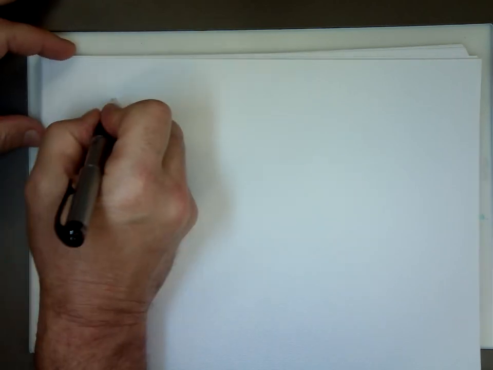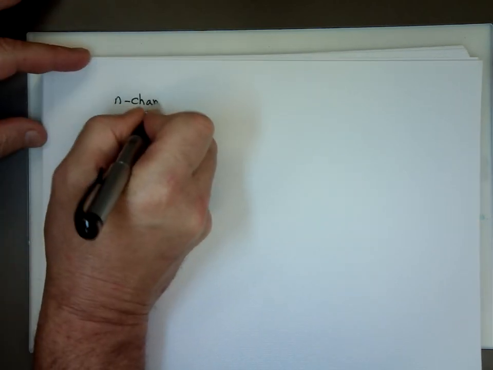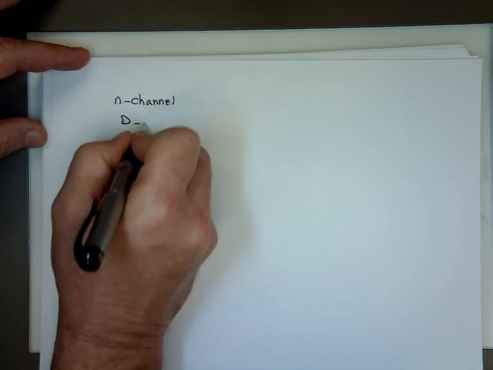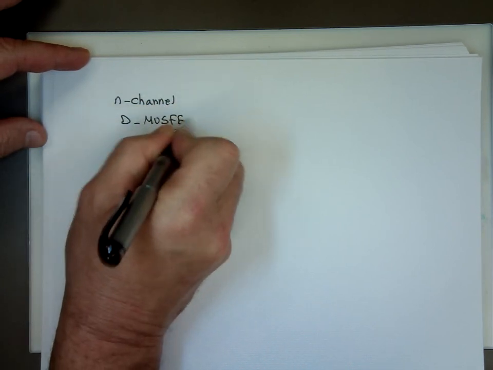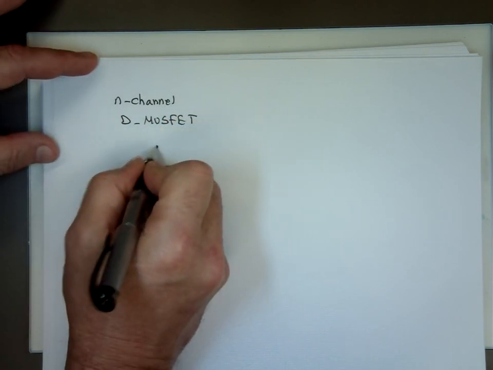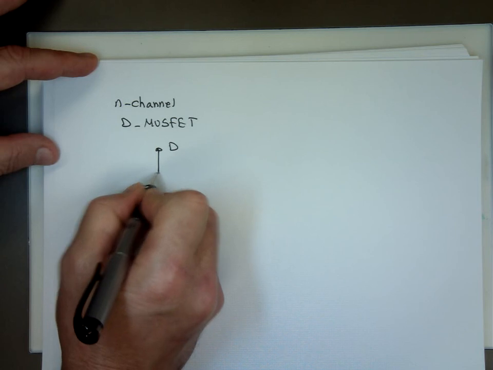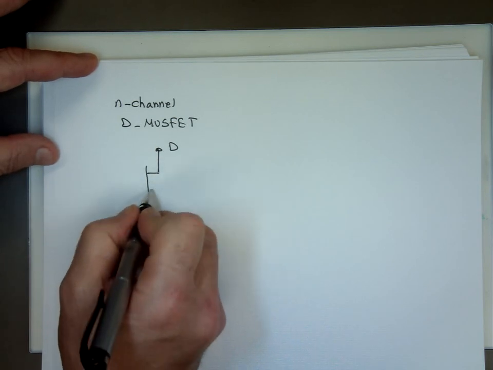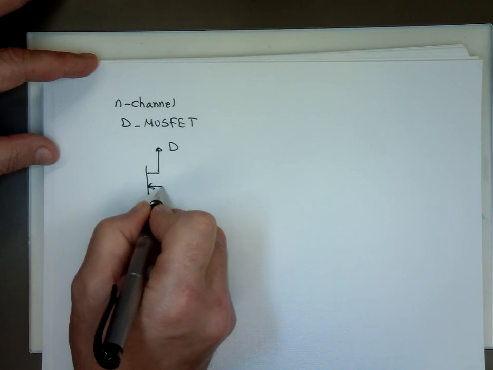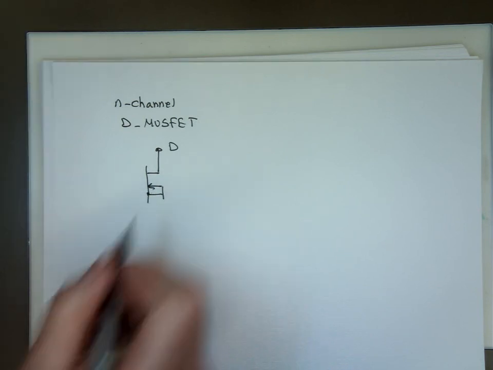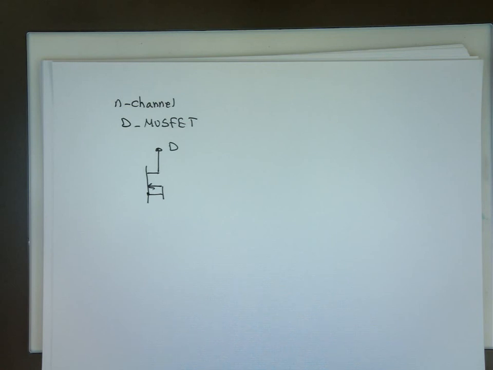The symbol for the N-channel D-MOSFET looks like this. The drain, and this is the source.